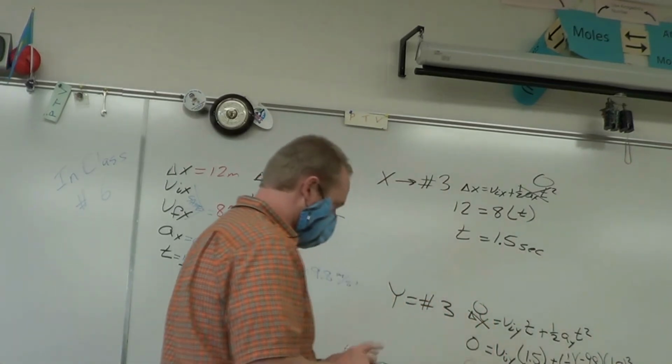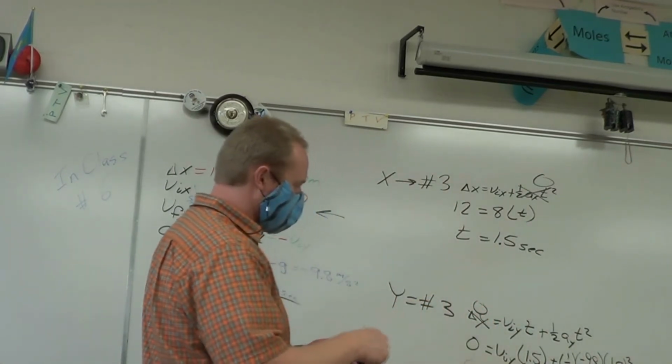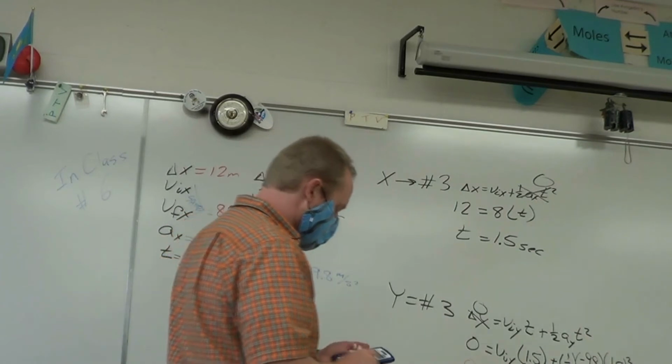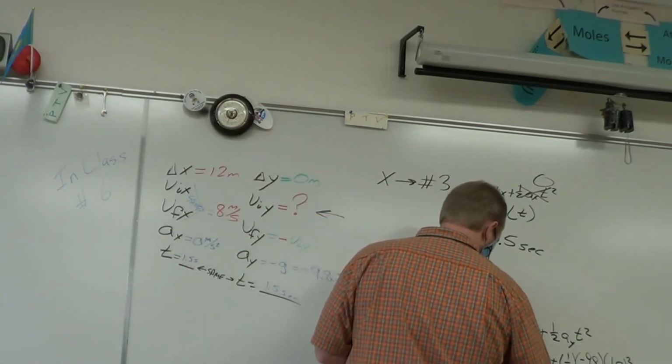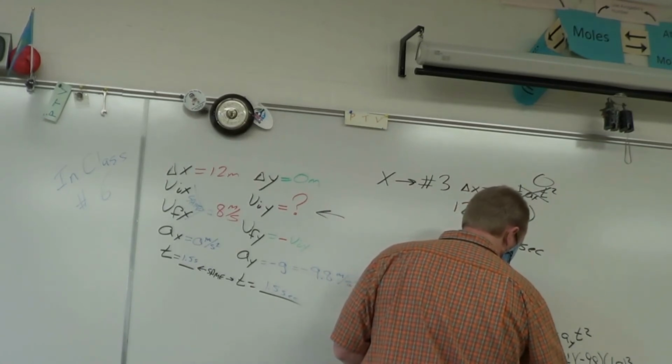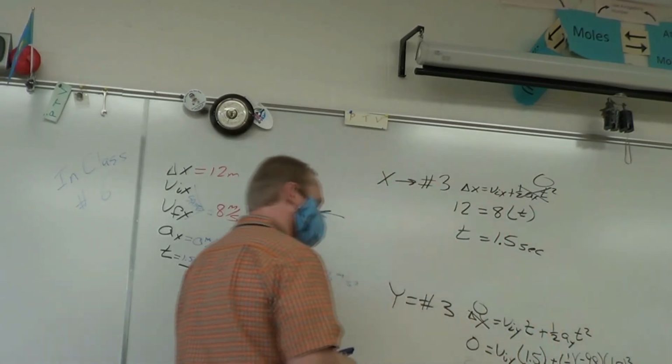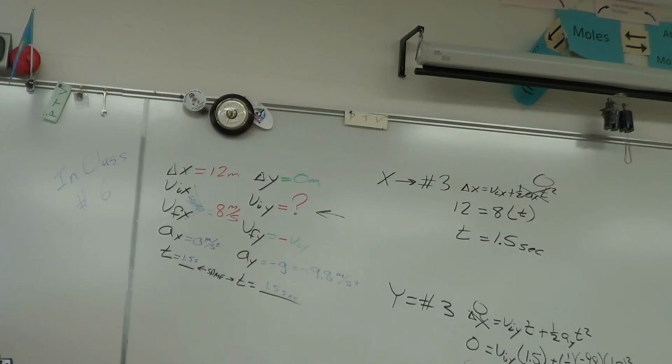Do some rearranging, add 11.025 to the other side, divide by 1.5, and we get a final VIY of 7.35 meters per second. Yeah, 7.35.